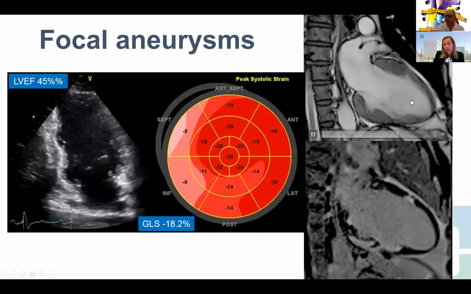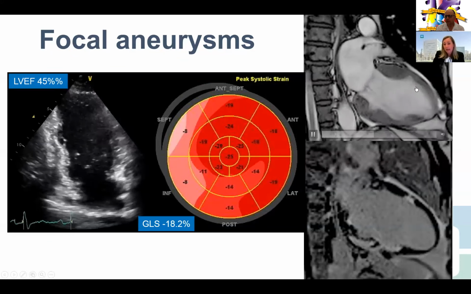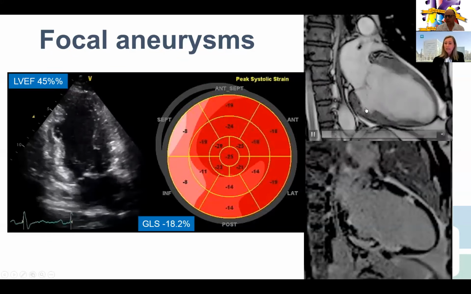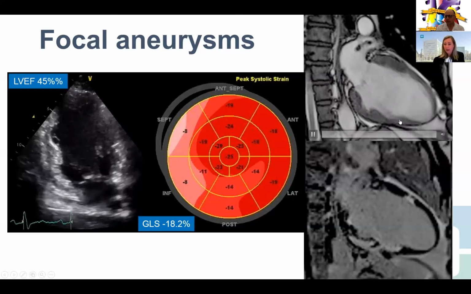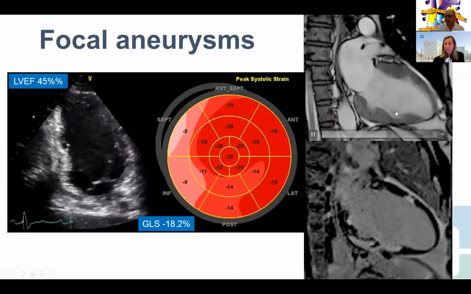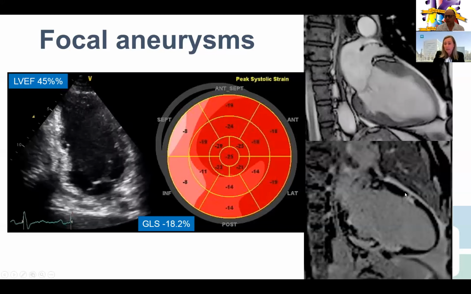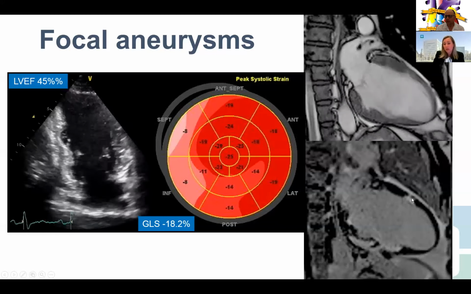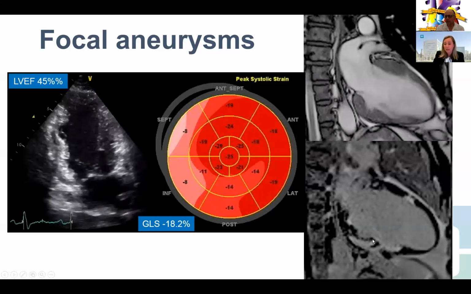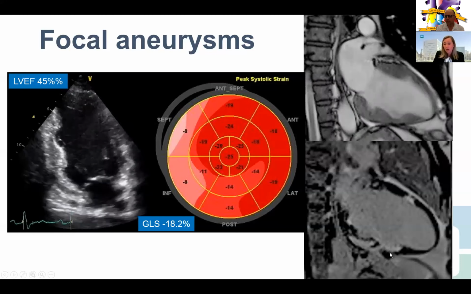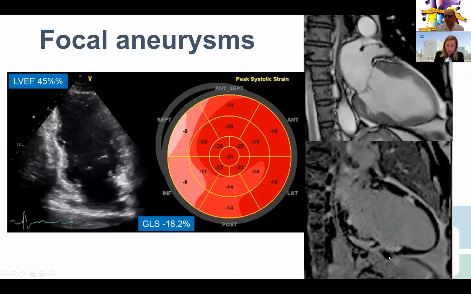But then on the MRI image here, you can see that you've got these bite-like areas of hypokinesis and aneurysmal formation in the inferior wall in a similar way to what we saw on the echo image, which corresponds to these regions of focal delayed enhancement, which is not in a coronary distribution per se and would be very suspicious for cardiac sarcoidosis.